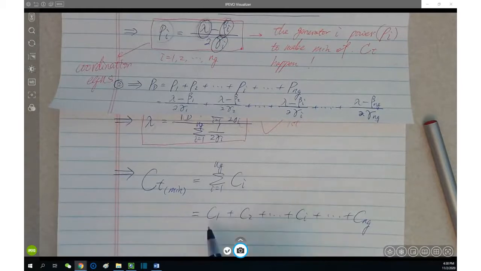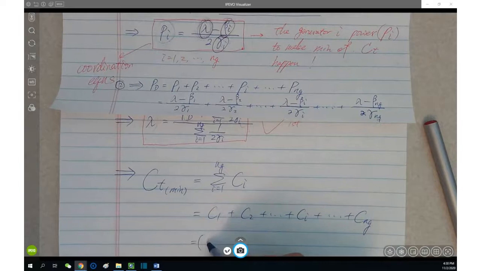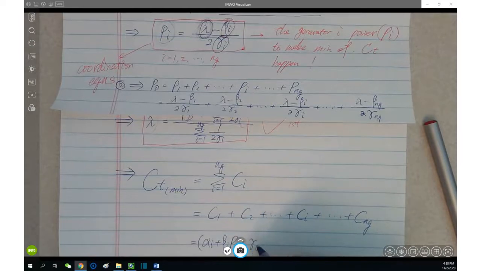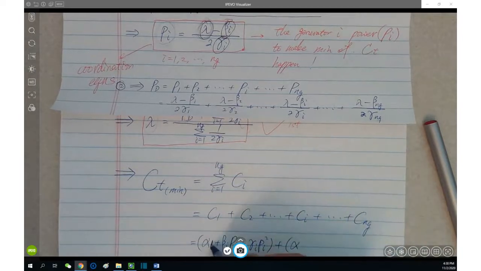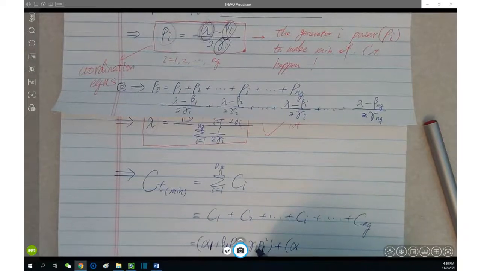And each one here, of course, equals to, oh no, I'm sorry. Not i anymore, right? They need to be specified.